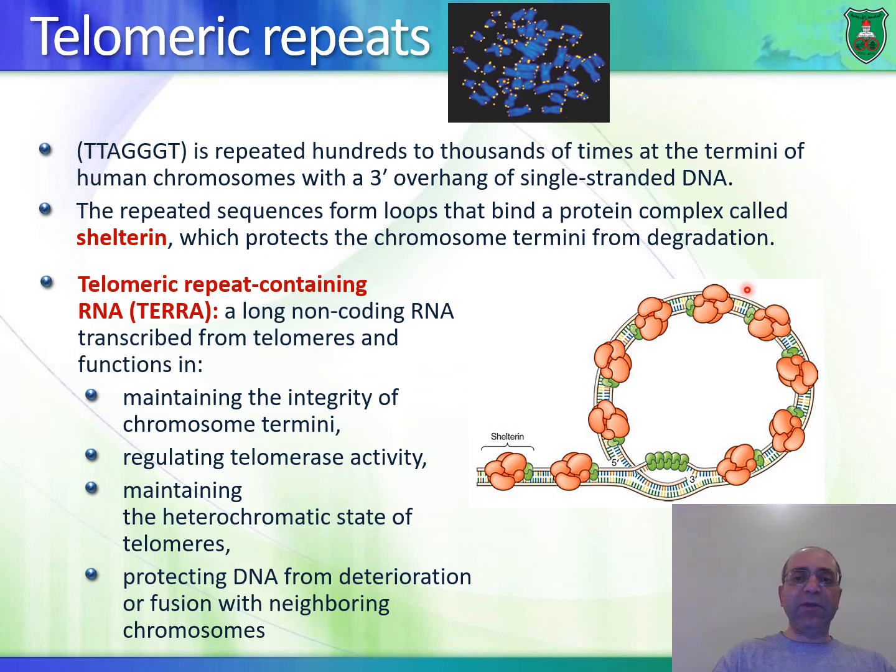Now, there's something fascinating that I found, and it's not in your Cooper's textbook, and that is telomeres can be transcribed. In the past 15 years or so that I've been teaching molecular biology, I always said that telomeres and centromeres are not transcribed.